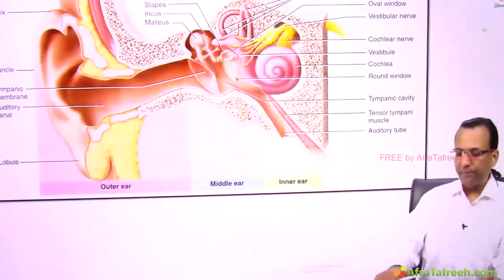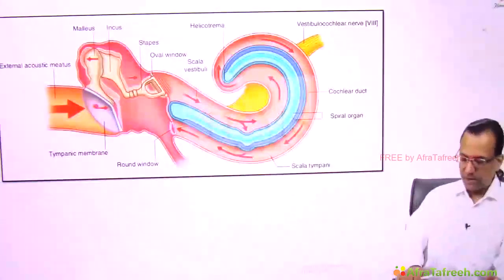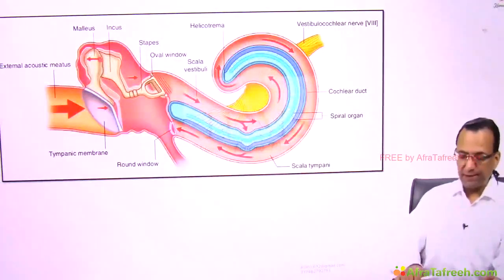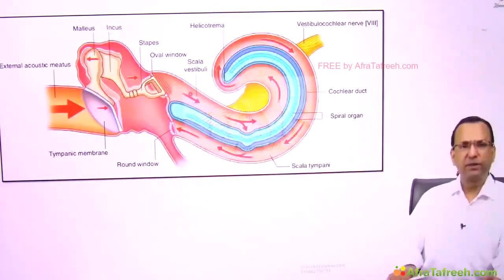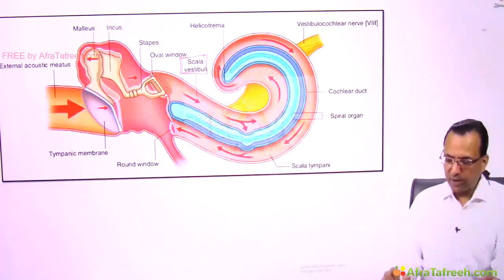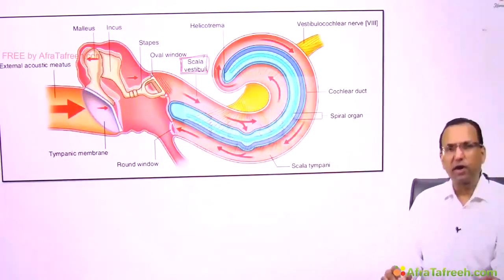How will you vibrate the perilymph in the inner ear? You see, the sound waves have come, they are vibrating the tympanic membrane, vibrating malleus, incus and stapes, which are vibrating the perilymph. Where is perilymph? It is in the scala vestibuli. So there is a scala vestibuli in the cochlea. Yes, cochlea, hearing. Hearing is cochlea.